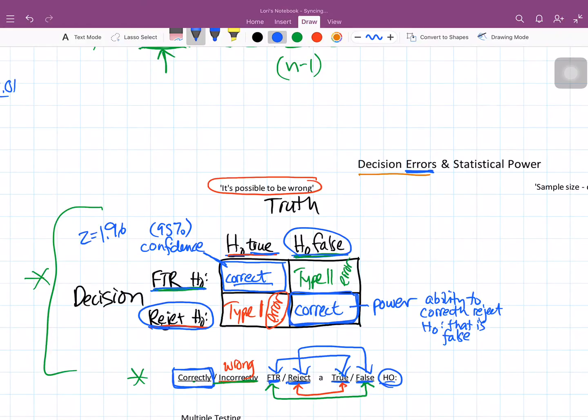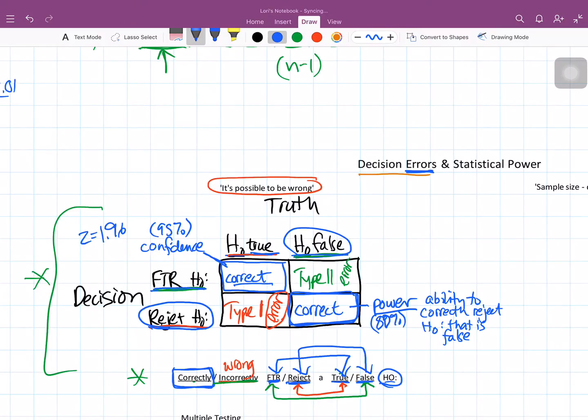And we want to reject a null hypothesis that is false, and it's the power that allows us to do that. Now, by convention, a lot of people have said 80% is a pretty good level for that. Sometimes we want to go to 90%.